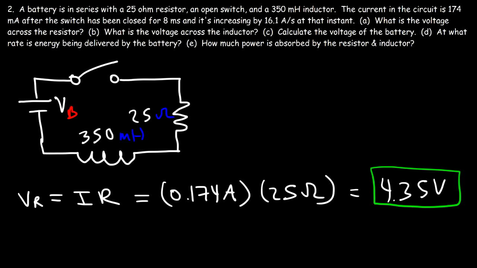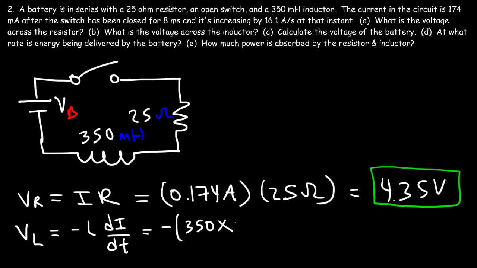Part B. What is the voltage across the inductor? So let's calculate VL. It's equal to negative L di/dt. In this example, L is 350 millihenries, or 350 times 10 to the minus 3 henries. And di/dt, that's the rate at which the current is changing.